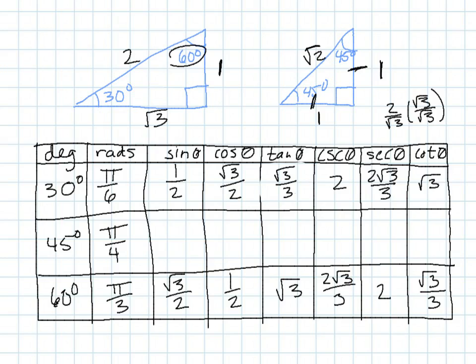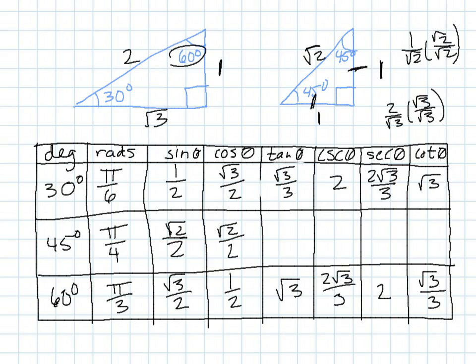Now for pi over 4, or 45 degrees, you have 1 over square root of 2 for one of the values. Now, if I rationalize that, multiplying across by square root of 2 gives me square root of 2 over 2. Okay? Cosine will be the same thing because it's 1 over square root of 2 as well. So square root of 2 over 2.